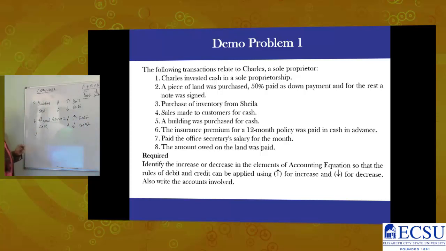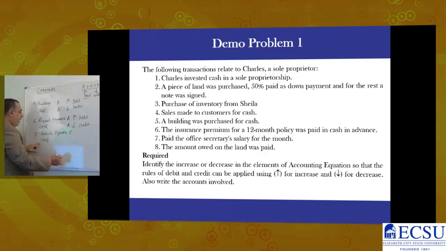Number 7 is pay the office secretary's salary for the month. So for the month you are paying the office secretary's salary. So therefore it is going to be a salaries expense and you have paid it. So therefore it is going to be cash. So these are the two accounts.